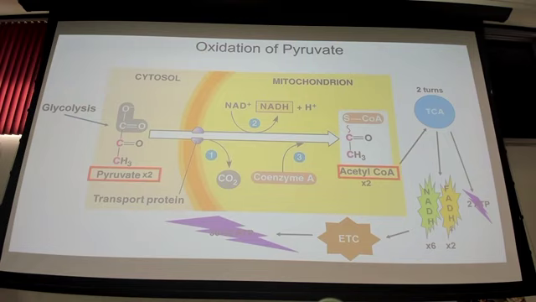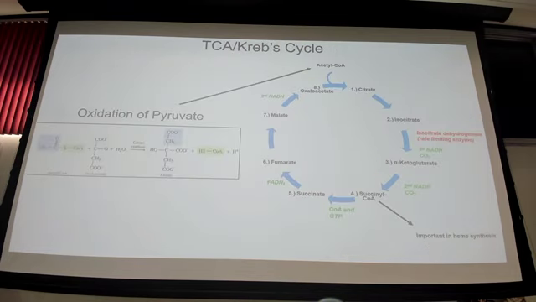There it interacts with coenzyme A in the presence of an enzyme that we're going to talk about on the next slide to produce acetyl-CoA. Acetyl-CoA is the intermediate for the first step of the TCA cycle. So, very important, the oxidation of pyruvate.